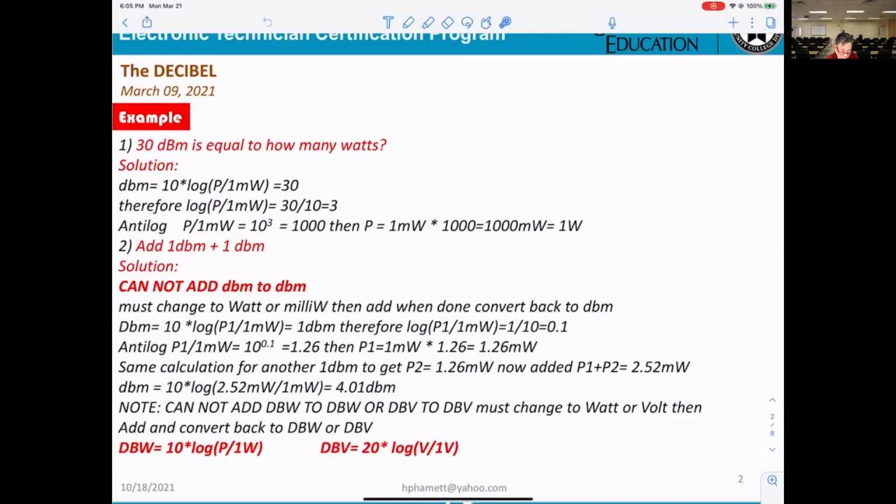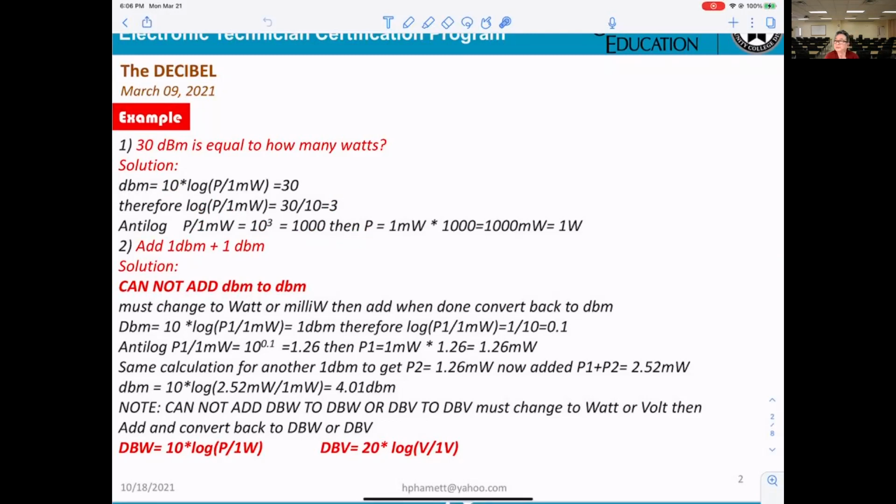Now you take the log out. You get P divided by 1 milliwatt equals 10 to the power of 3, this is log base 10. You get 1,000. Then you can calculate, you get P equals 1 watt.